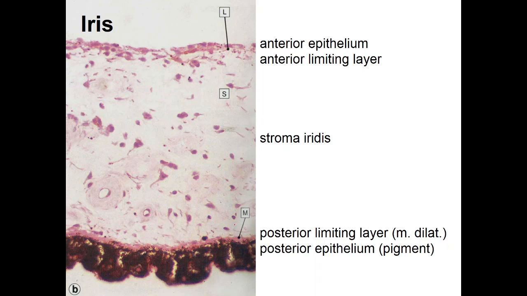Yes, we have the posterior limiting layer, which is actually made of myoepithelial cells, which make up the dilator muscle of the eye, and we have posterior epithelial cells, the columnar cells, which are very much pigmented.